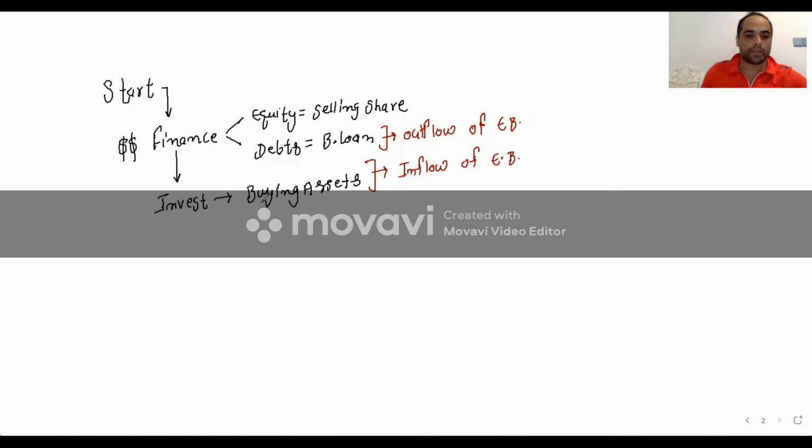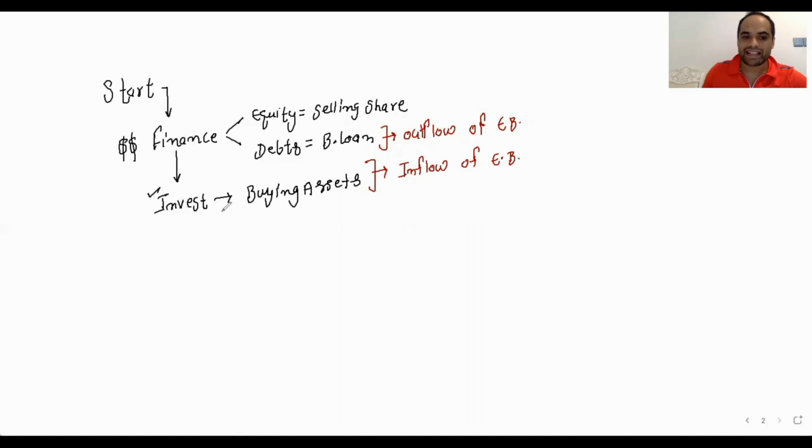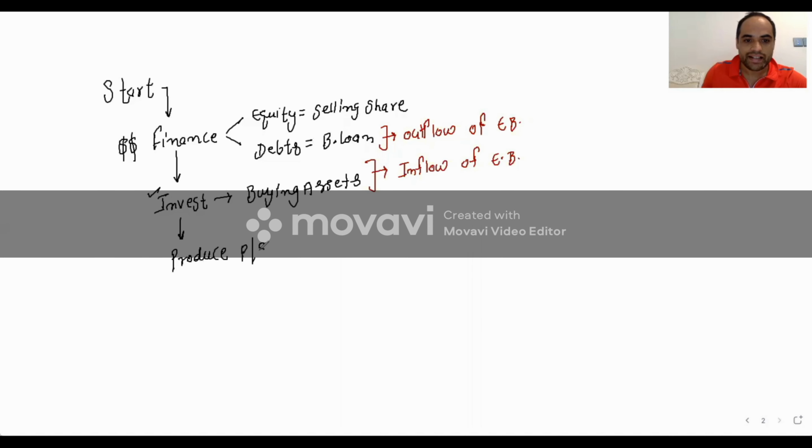Now, once we invest all this finance, buying assets, what is the purpose to invest? The purpose is to produce product and service. After you produce product and service, this is called cost, right?